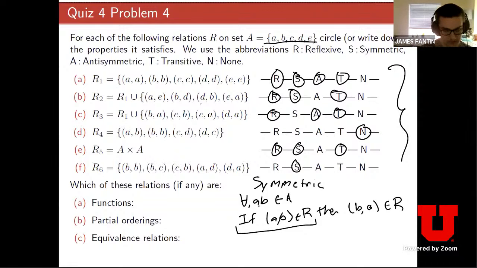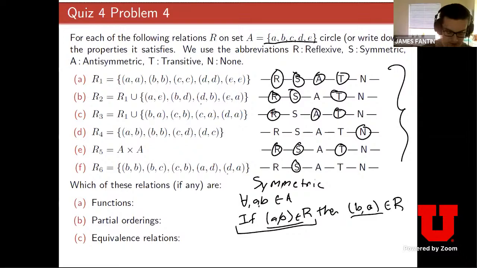So in R2, for example, there is nothing that has, say, C comma A. So we don't care whether or not AC is in the relation because this first condition didn't happen. So symmetry just says if this is a pairing in your relation, BA has to be in the relation.